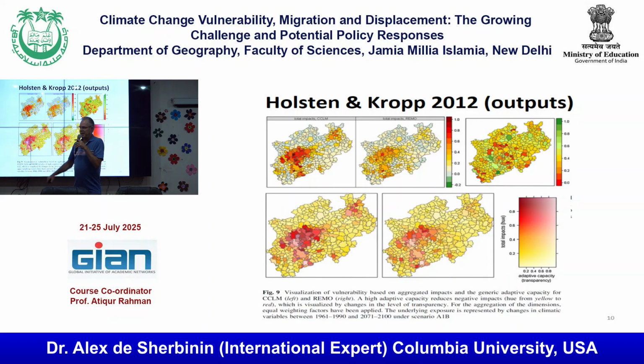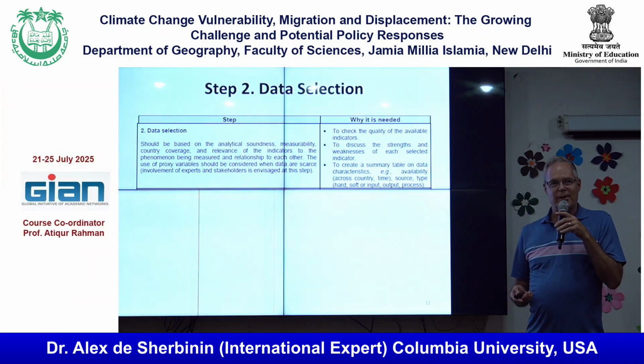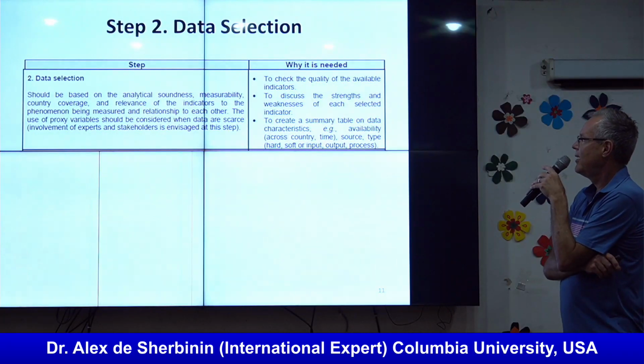Meaning you shouldn't be as concerned about the vulnerability in those areas because they have very high adaptive capacity. So it's sort of like subtracting out the vulnerability. All right, have I got everyone following so far? We'll see. Hopefully it will make sense to you.